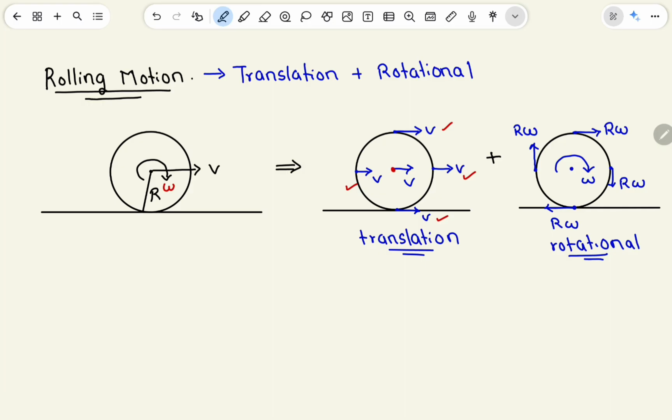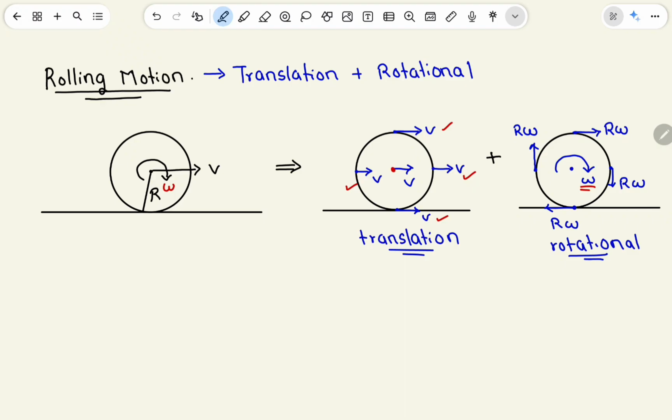Now, let's move towards the rotational motion. The body in this rotational motion rotates about an axis passing through the center of mass of the body. The angular velocity of rotation for the body is shown as omega.